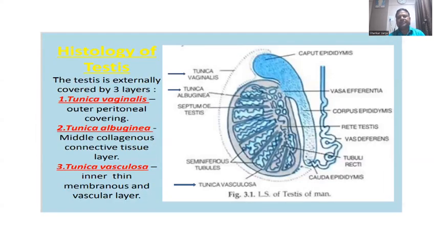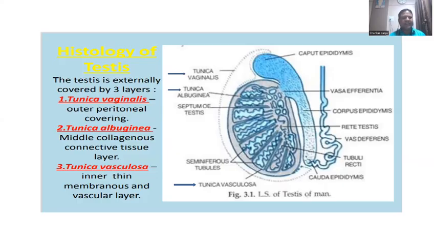Next point, when you take the LS of testes, you will get different coverings over the testes. The outermost is called tunica vaginalis. Second is the tunica albuginea. And third is the tunica vasculosa. These are the three coverings over the testes.